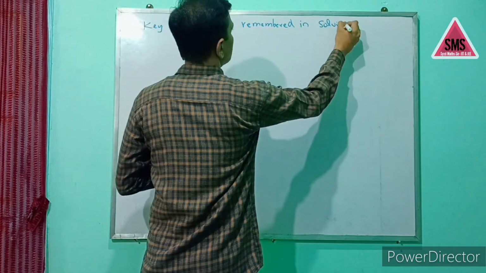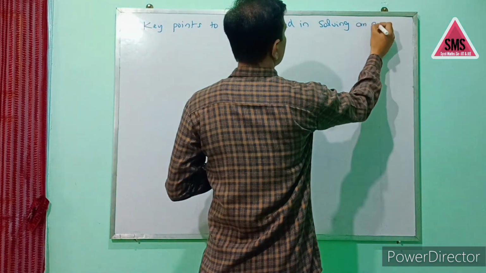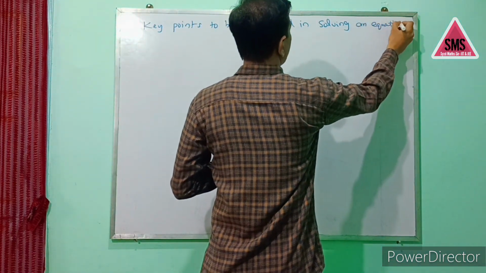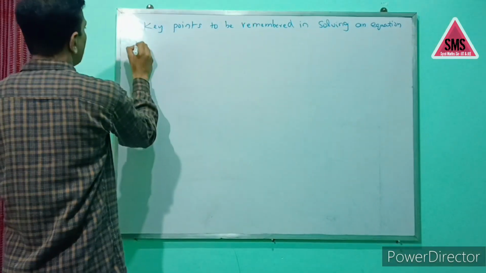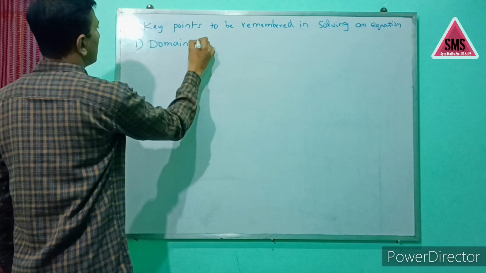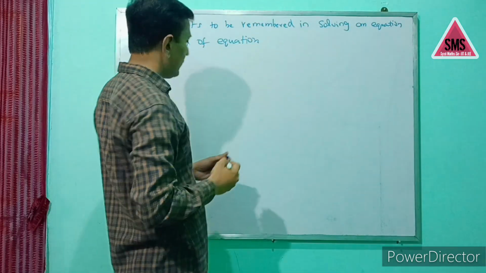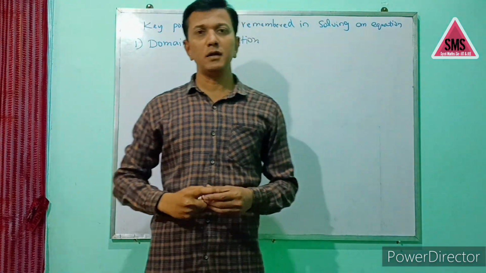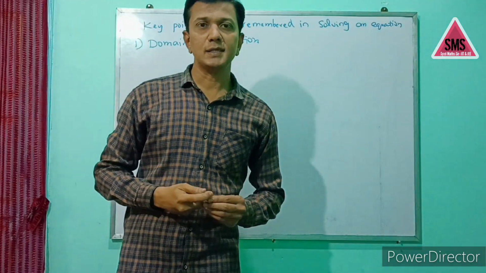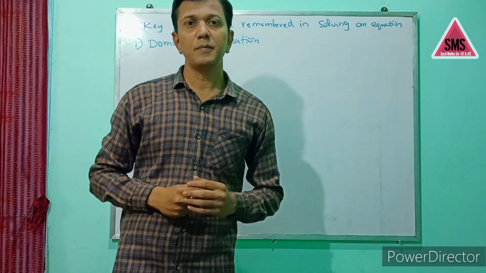Key points to be remembered while solving an equation. First one, domain of an equation. We know very well that in class level we have come across the concept called domain. So what is a domain in simple terms?